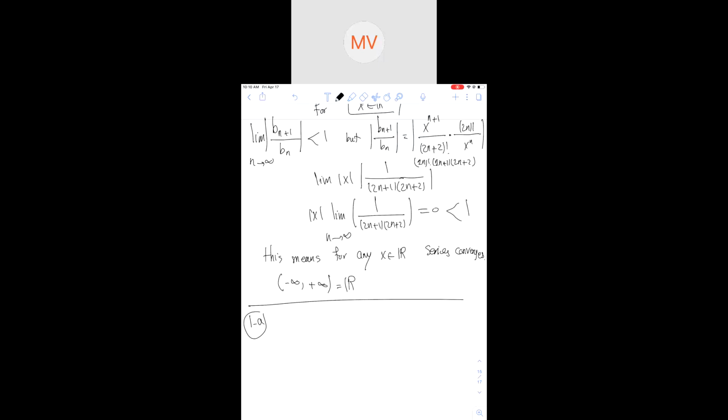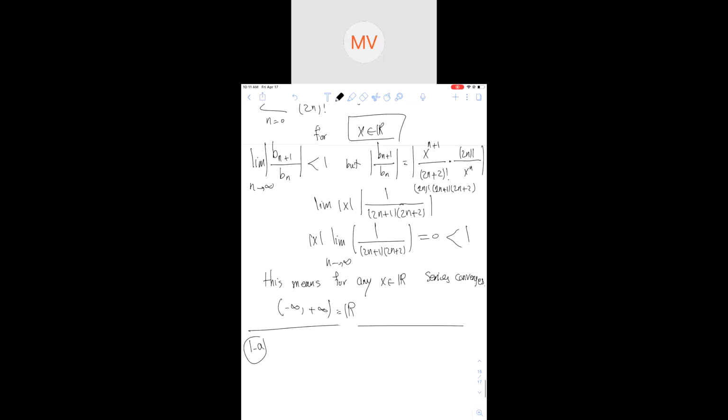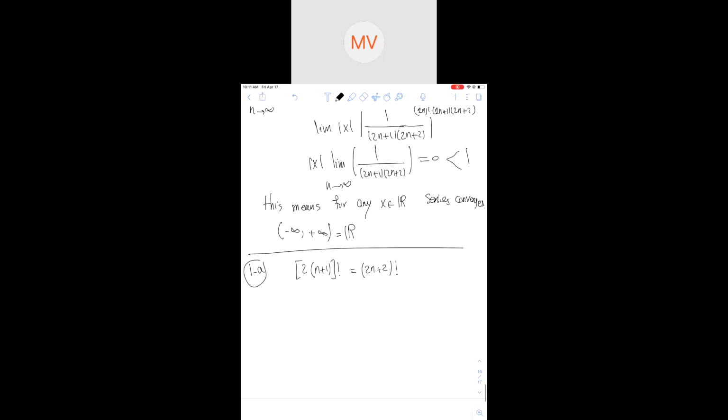How did you get 2n plus 1, 2n plus 2? Well, the denominator is 2n factorial, right? Now, instead of n, I'm plugging n plus 1 in the factorial. So this is 2n plus 2 factorial. When you distribute the factorial, the last number is 2n plus 2. The one before is 2n plus 1, and the one before that is 2n, and then the rest of that is 2n factorial.